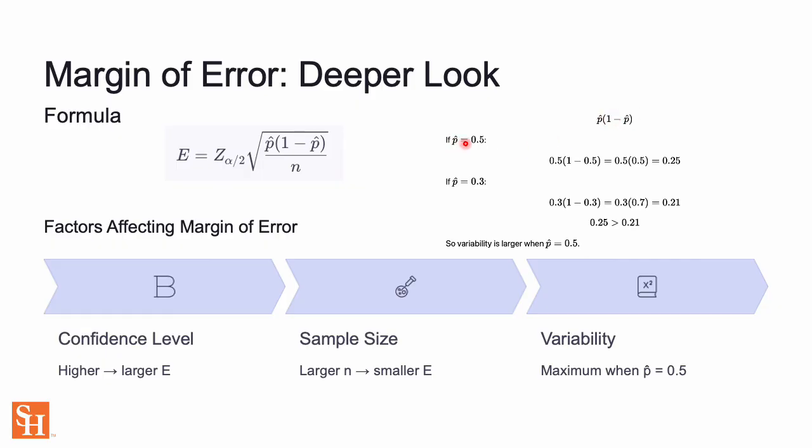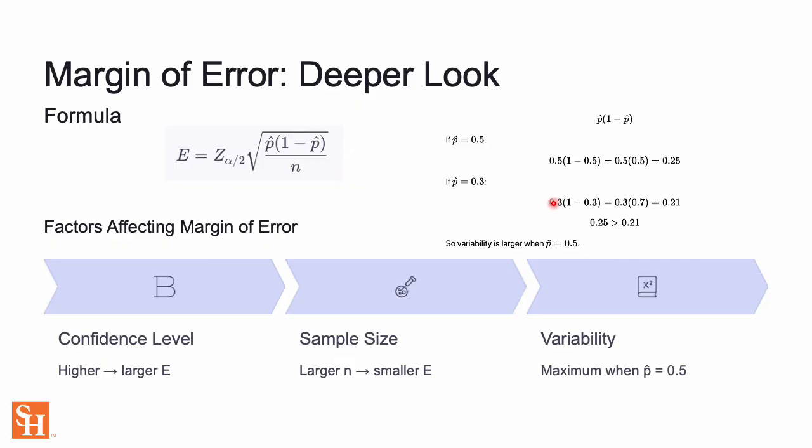So assume p equal to 0.5. In that case q would be 1 minus p, right? And the multiplication of them is 0.25, right? So when p equal to 0.5, q is also 0.5, and p times q is 0.25. And imagine any other case, as for example, say our p is 0.3.